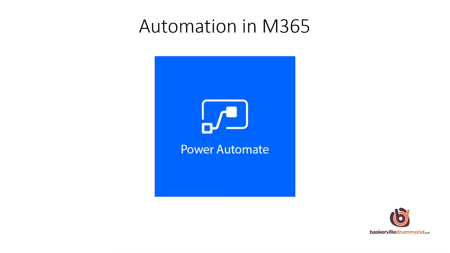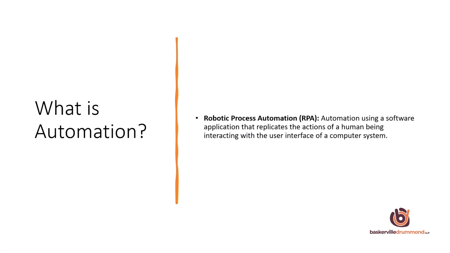So for example, if I want to automate processes between SharePoint, Teams, OneDrive, I can do all of that through the Power Automate capabilities. But the best way to properly understand Power Automate is to look at a demonstration. So we'll go on to that shortly.